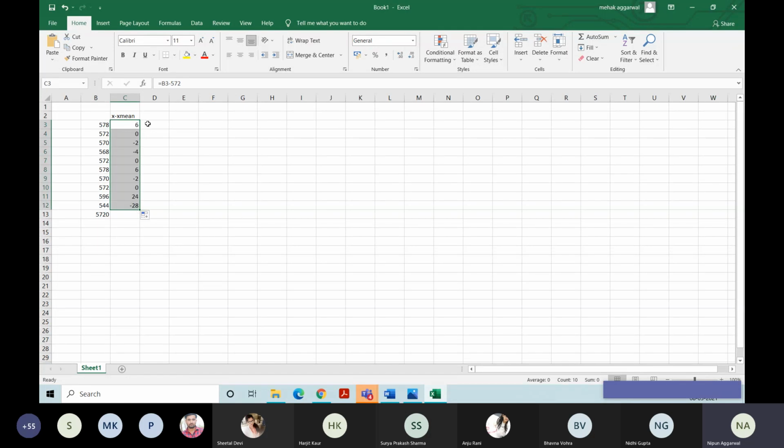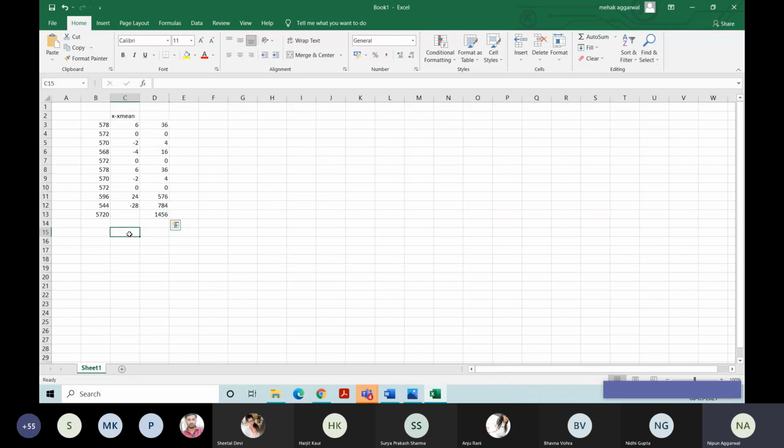Now you have to calculate x minus x bar square, that is equal to this into this. Then you have to take the summation of the same.